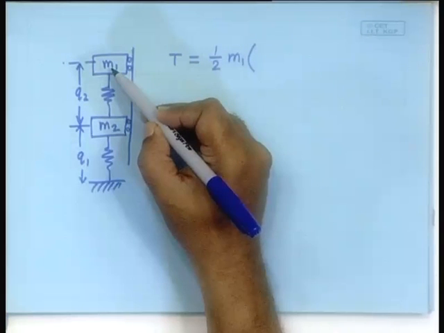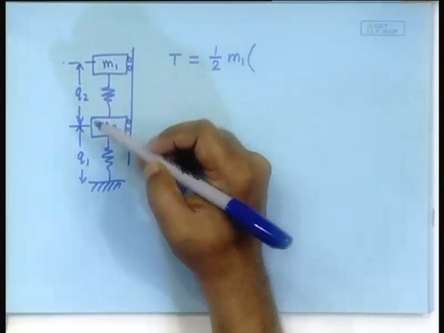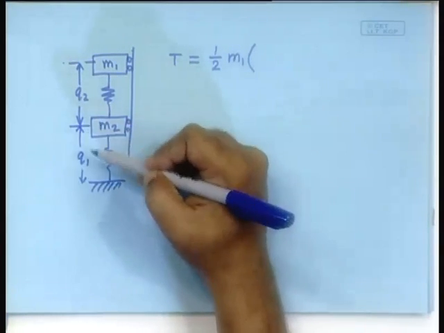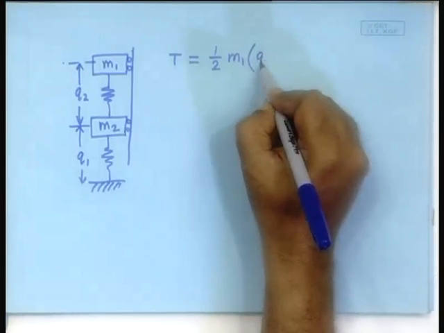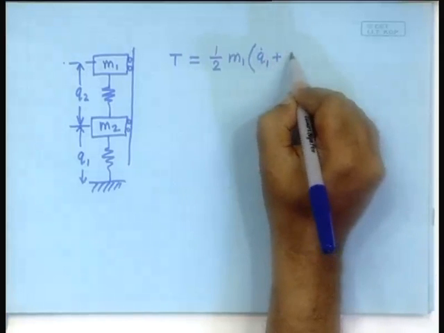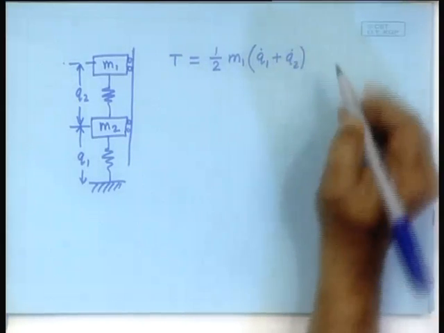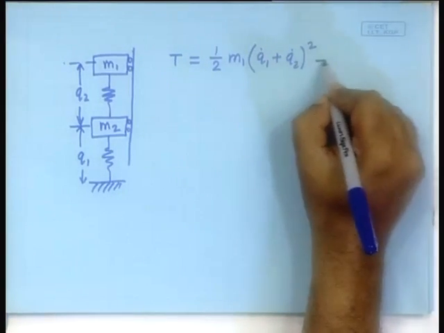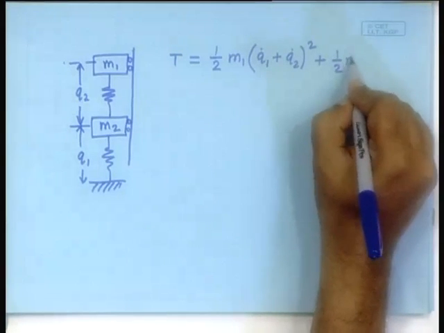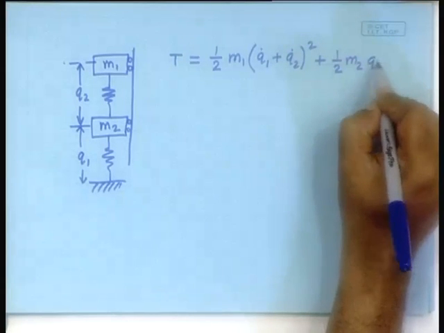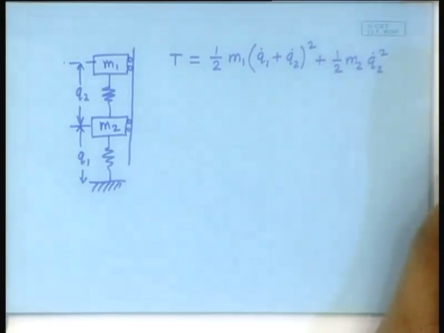Now, its motion will be dependent on both. So, (q1 dot plus q2 dot) squared, this fellow's square, plus its kinetic energy, which is half m2 q2 dot square.